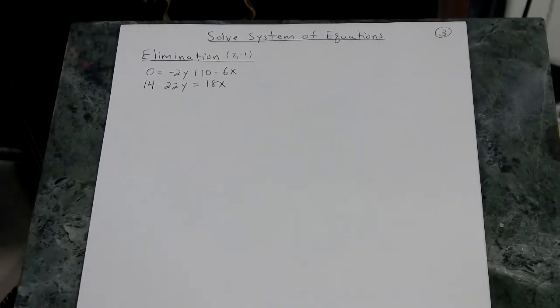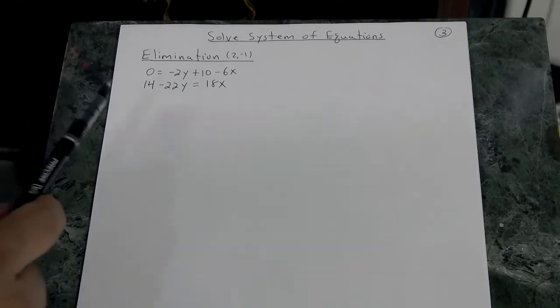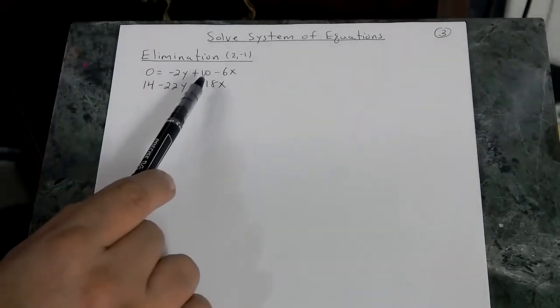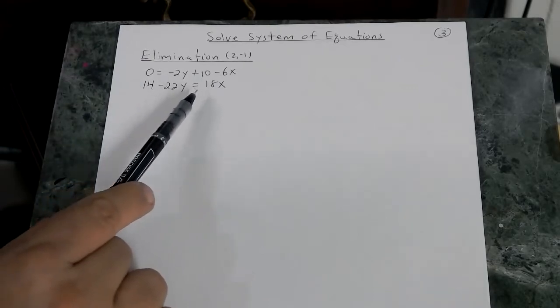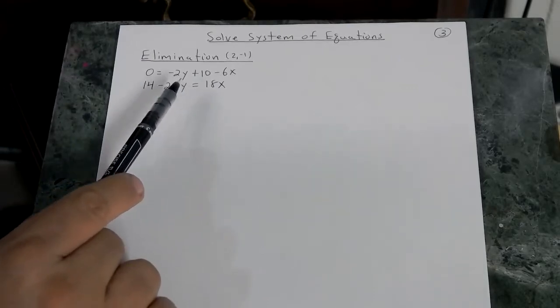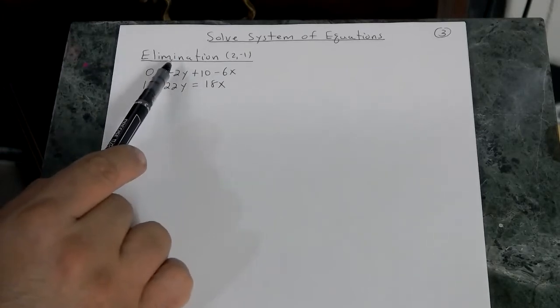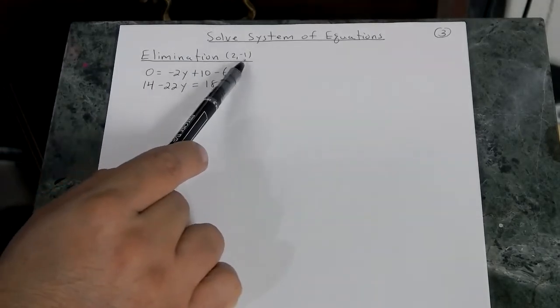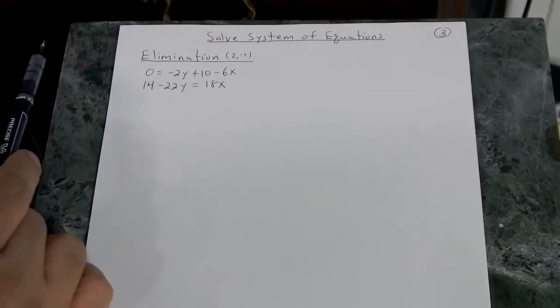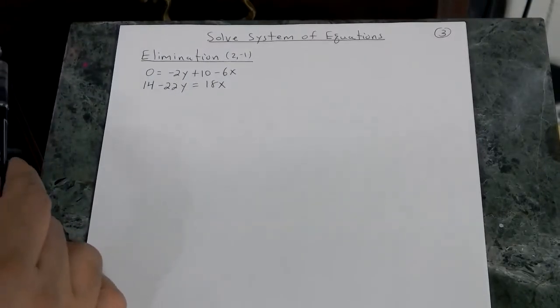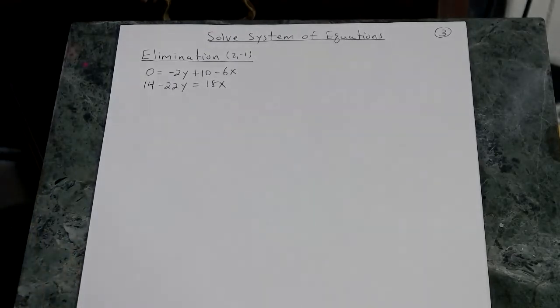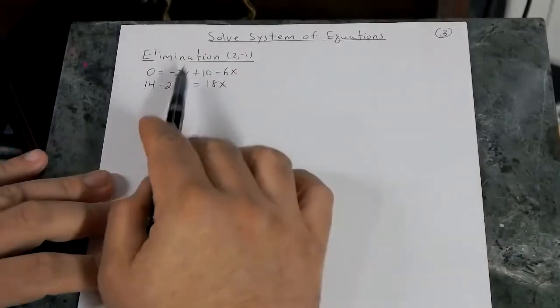All right, so I chose this problem. 0 is equal to negative 2y plus 10 minus 6x, and 14 minus 22y equals 18x. I have to use the elimination process. My answer should come out to be 2, negative 1. All right, for elimination, you need the x's and y's on one side and everything else on the other side. So that's our first step. Do I have the x's and y's on one side?